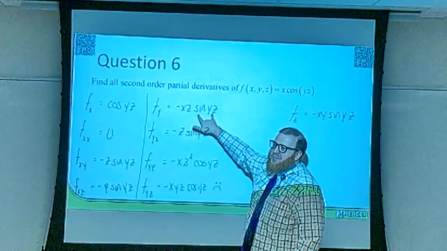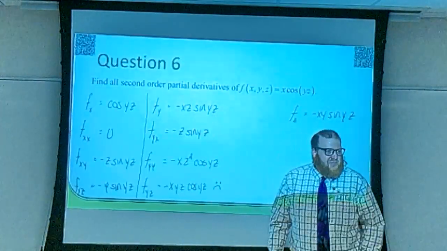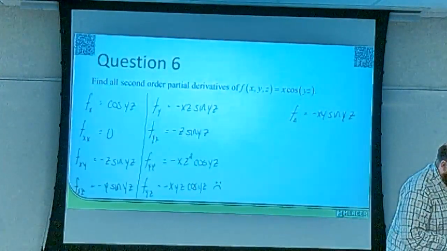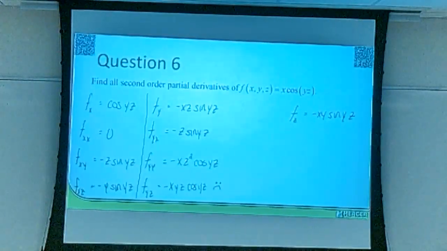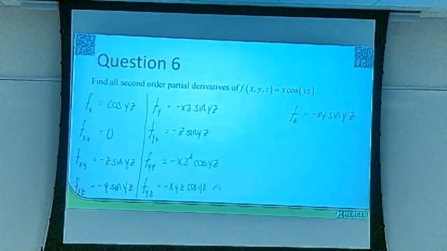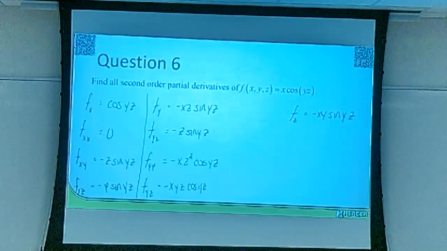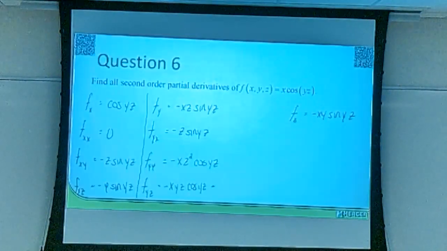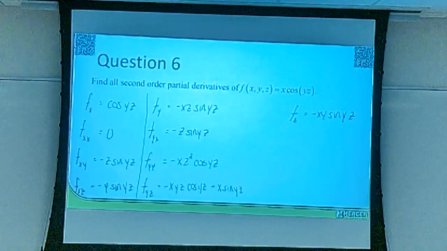So I agree, that is a term. What's the second term? Plus, or it's minus. Yeah, in this case it'd be minus because it's already a minus. Minus x sine y z. There's your partial with respect to z. Yes, you have to keep in mind products and quotients.